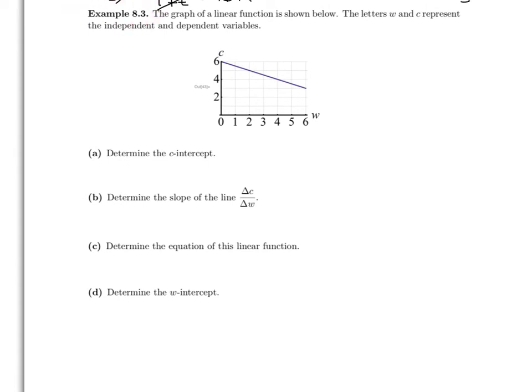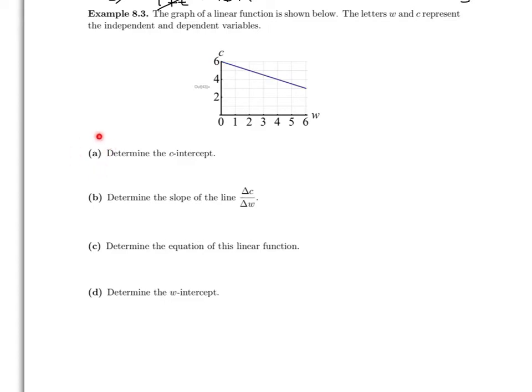So here we are. The graph of a linear function is shown below. The letters W and C represent the independent and the dependent variables. So you can see from the graph, W is the letter that represents the horizontal axis, so it's representing the input. C represents the vertical axis, so it's representing the output.